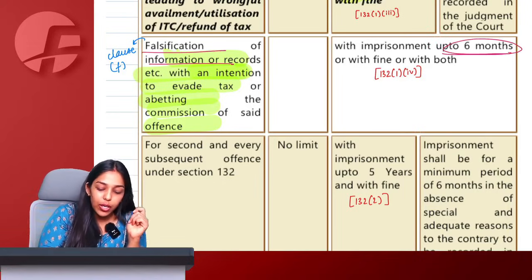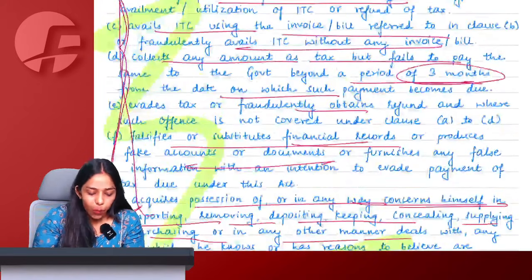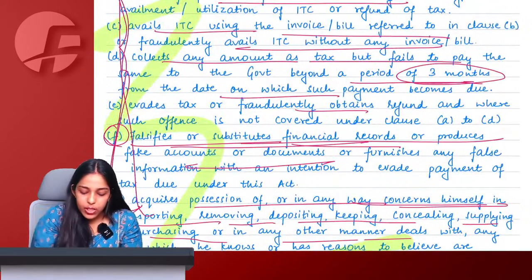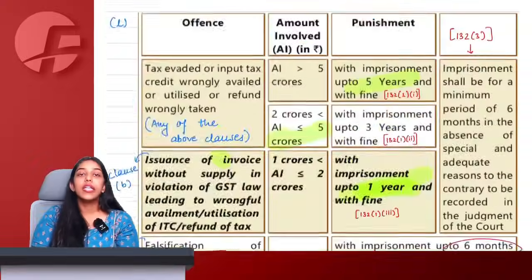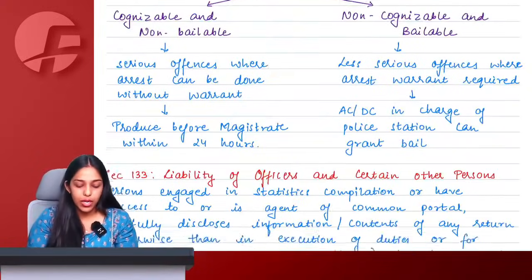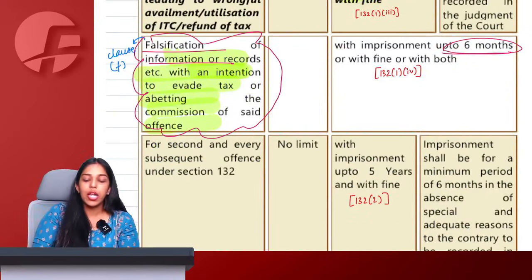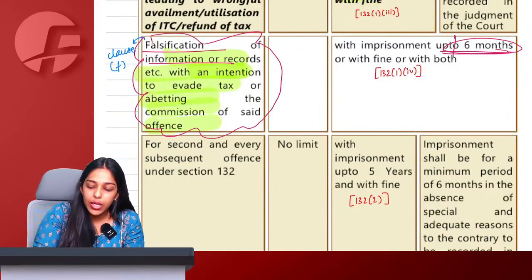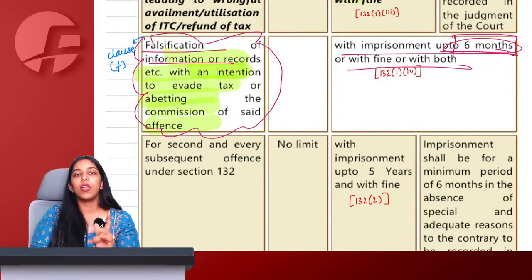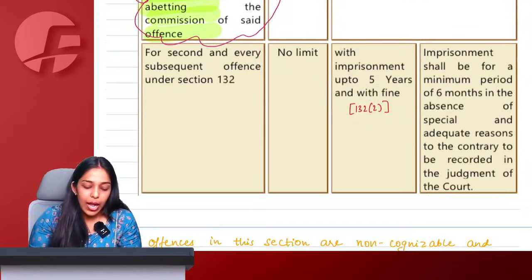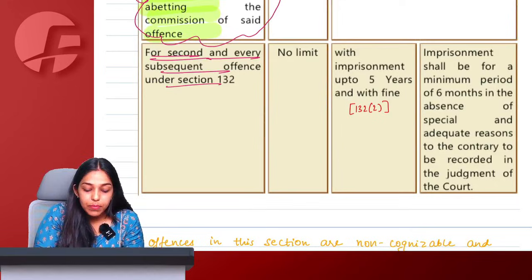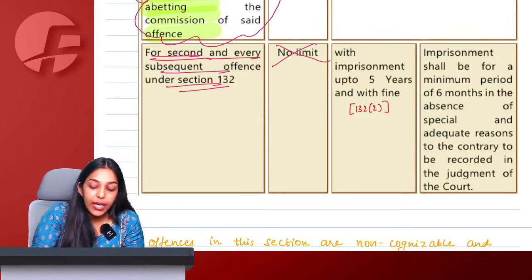This is clause F: falsifies or substitutes financial information, or gives fake documents or information when asked for. For this, imprisonment is up to 6 months or fine, or both. But if there is any second or subsequent offence, then you forget the limit.